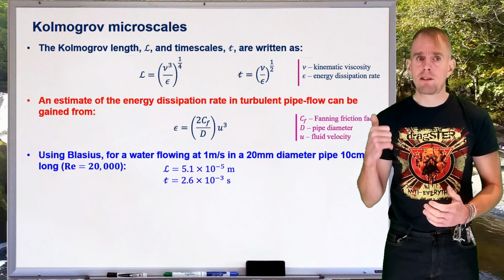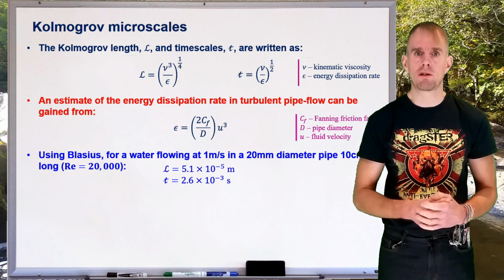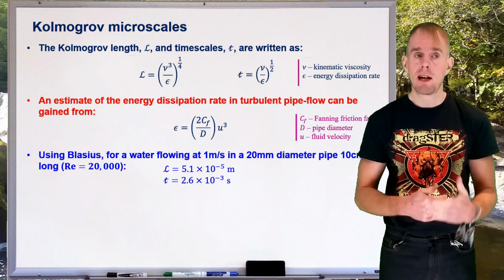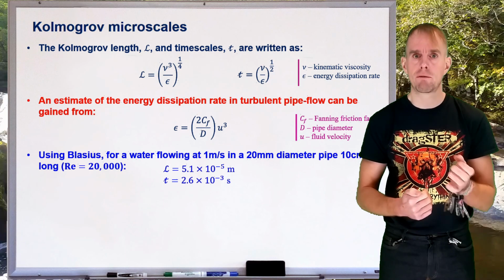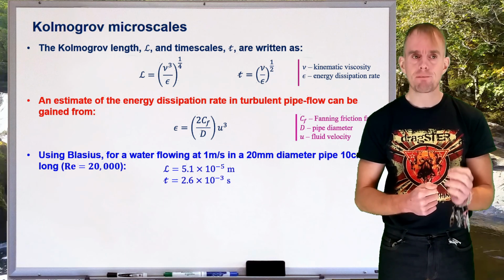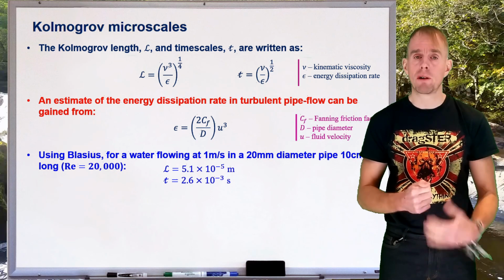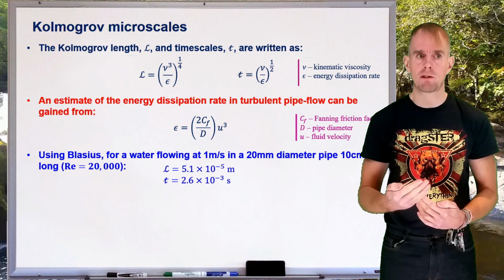So we first of all need to estimate the energy dissipation rate, and we can do so by knowing our friction factor C_f, and if we use the Blasius equation where C_f is 0.079 Re^(-1/4), we can estimate what epsilon is. Furthermore, once we know epsilon, we can work out our Kolmogorov length scale and our Kolmogorov time scale.